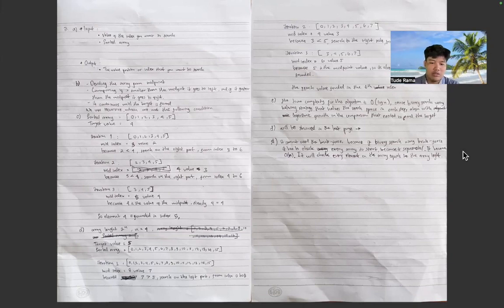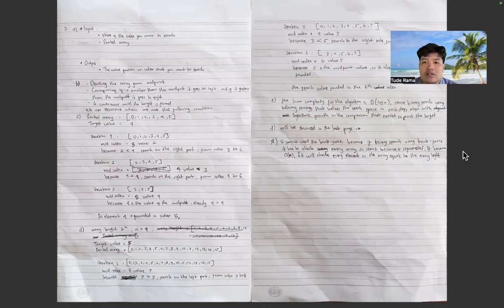So iteration 1, search for the mid index. The index is 8. Compare with the target value: 7 is greater than 5. So we search on the left part of the array from index 0 to 8. Next, we check again from 0 to 7.